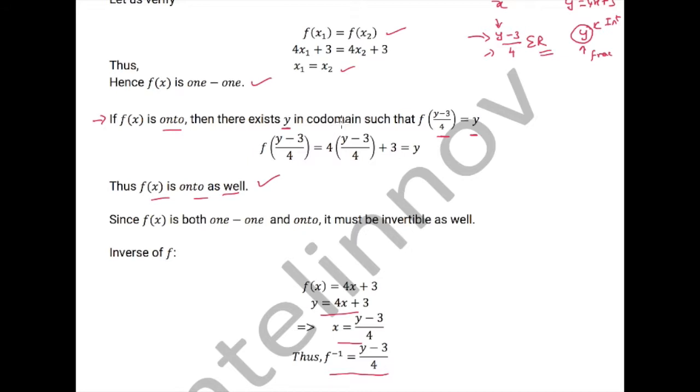So how to graphically understand that this is the inverse? Just consider an xy frame. First plot y equal to 4x plus 3.